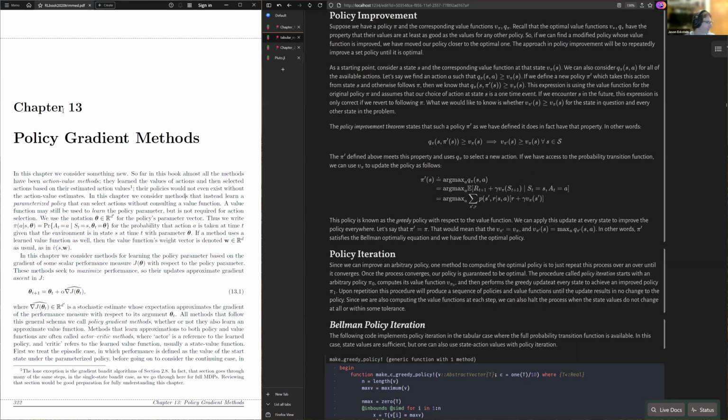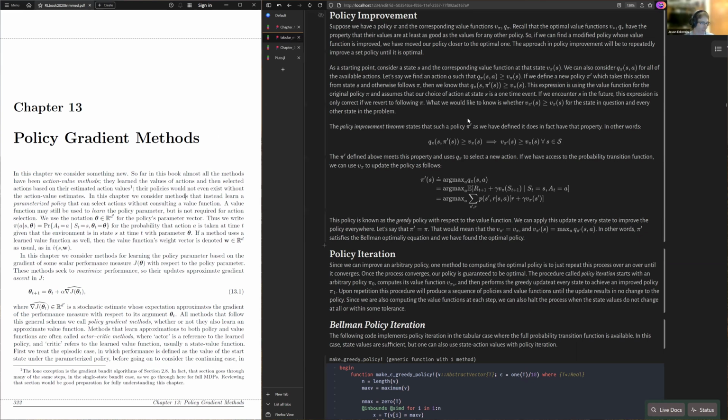So in chapter 13, we're going to introduce an entirely new method, which doesn't rely on policy improvement in this way. Instead, it's an attempt to directly create a policy function, where we are just trying to directly optimize the policy without first going through the value function.